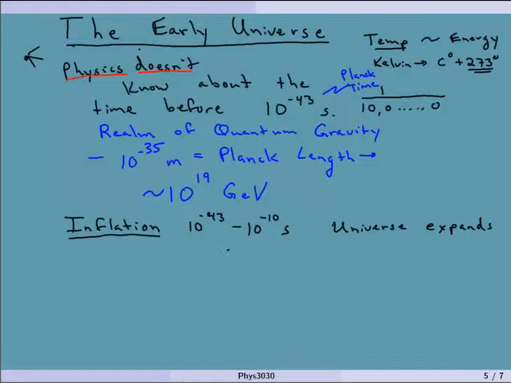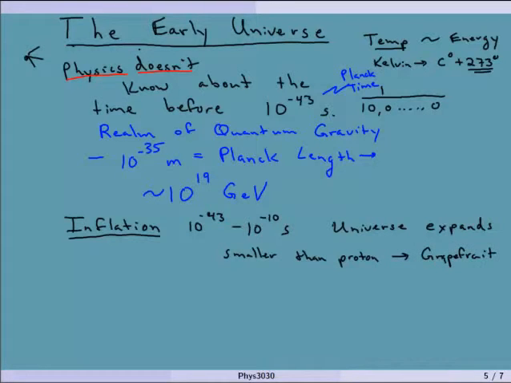It expands from smaller than a proton, which is like 10 to the negative 15 meters-ish, so smaller than that, to the size of a grapefruit. That's what your book says. I like that: size of a grapefruit.